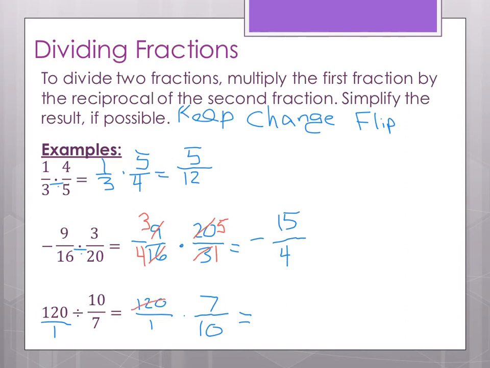This will become 12, and this will become 1. All right, now I can multiply. 12 times 7 on the top is going to give me 84. 1 times 1 will give me 1, so I get 84 over 1, and I'm just going to express this as the whole number 84.